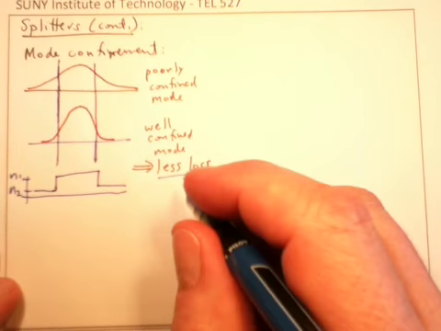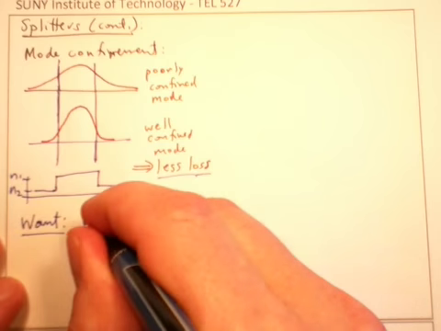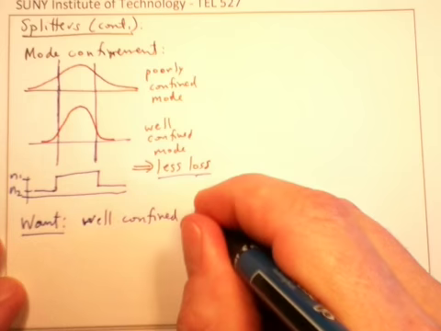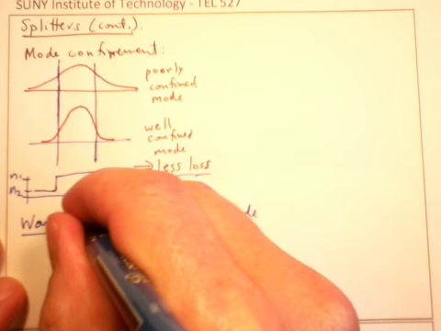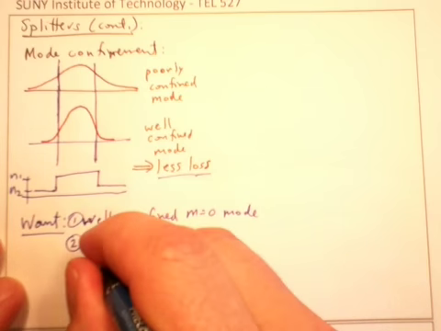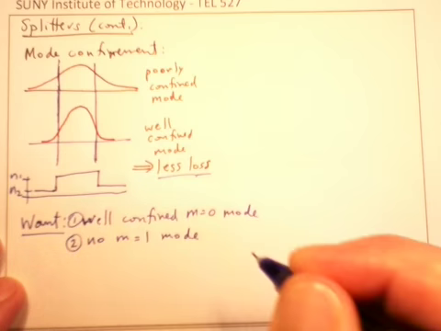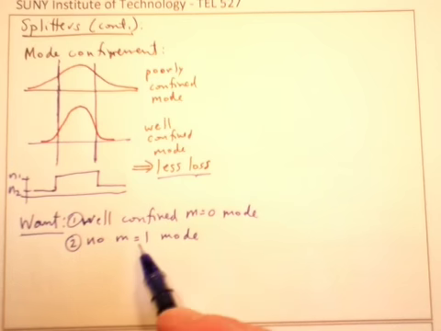So we want a well-confined M equals 0 mode, and we also want no M equals 1 mode. If we have an M equals 1 mode, then some of our light will inevitably escape from the M equals 0 mode into the M equals 1 mode, and it won't be able to be coupled back into the fiber.